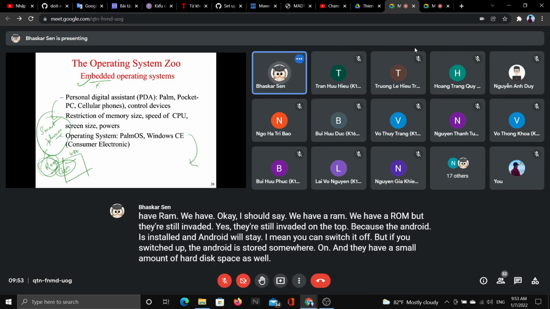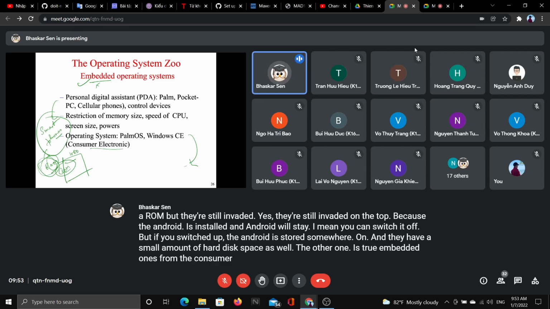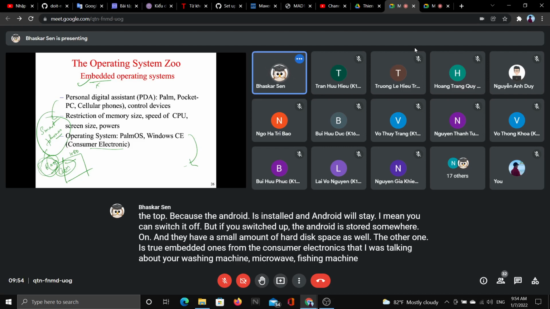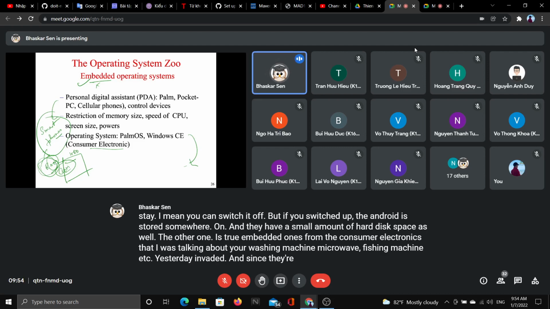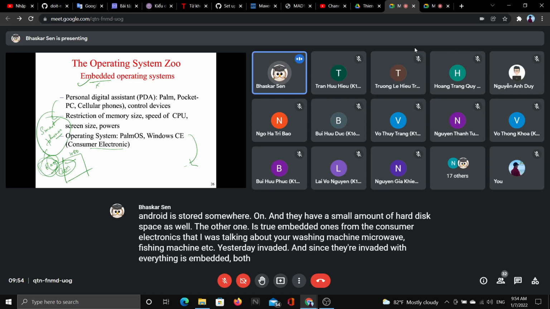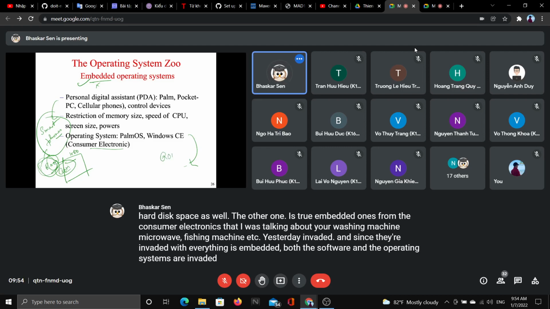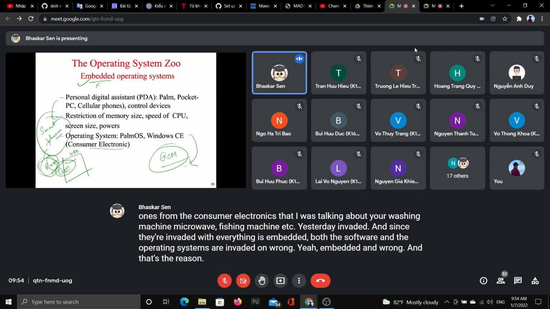The other one, the true embedded ones from the consumer electronics that I was talking about, your washing machine, microwave, AC machine, etc., are still embedded. And since they're embedded, everything is embedded. Both the software and the operating system are embedded on ROM, and that's the reason you can't change it.